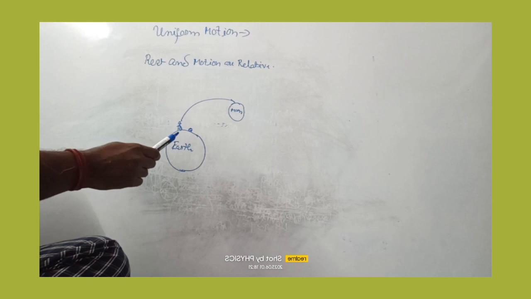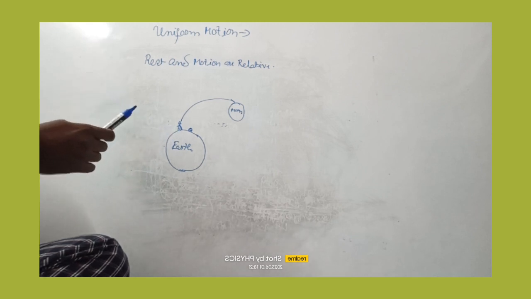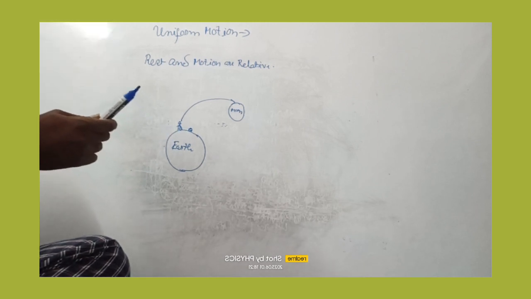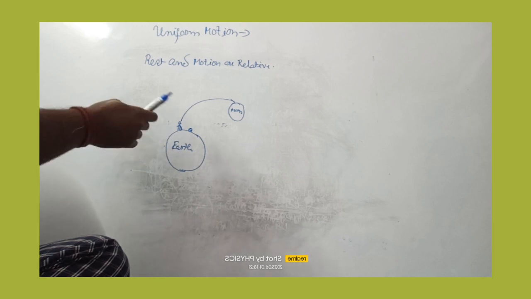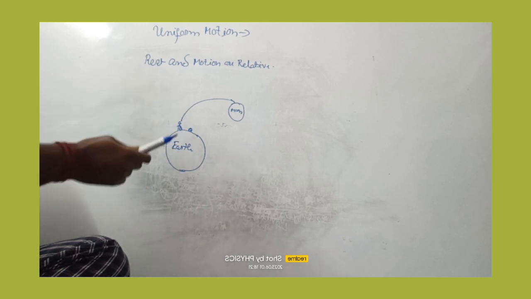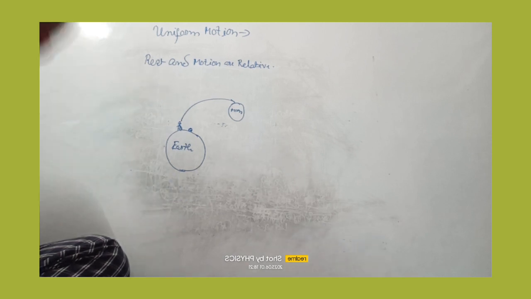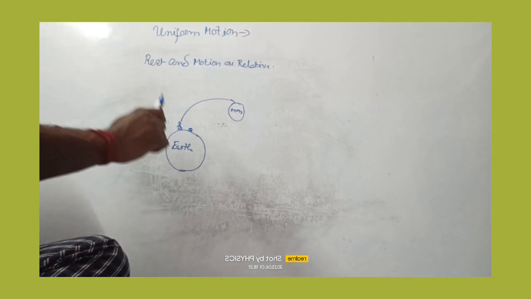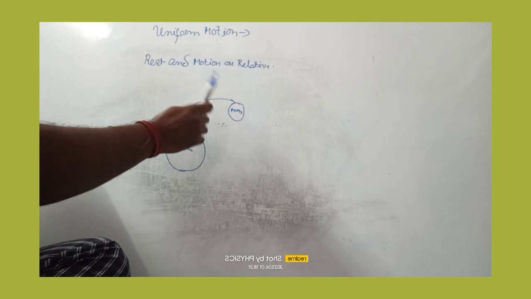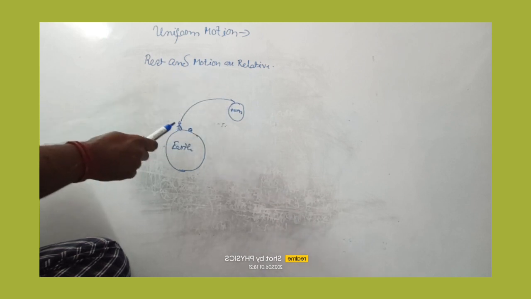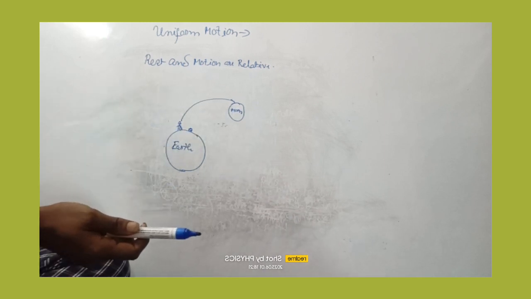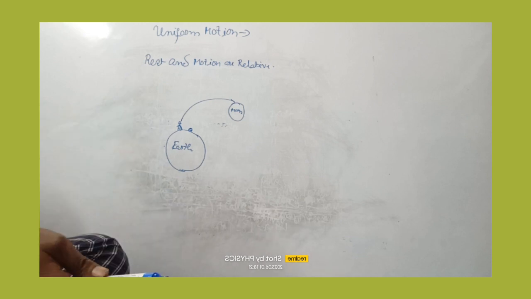That the object is rotating with the earth. That is, it is moving. When we are in the same frame of reference, the object is at rest. We clearly observe that the object is at rest. But when we change our frame of reference to the moon, we see the object is moving. So the rest and motion of an object is relative.